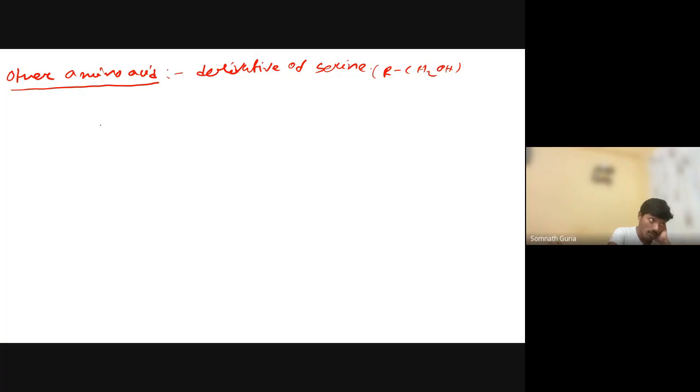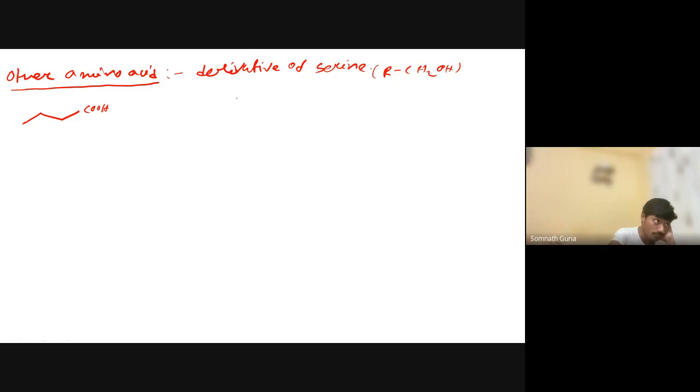Now, what are the other amino acids they found? Here is the COOH, here is the OH, and this is the NH2, and this is my chiral center.